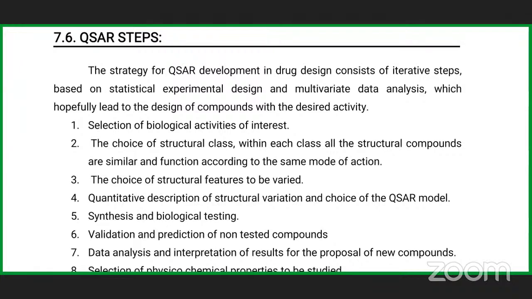The structural features to be varied, the quantitative description of structural variation, the choice of QSAR model, and synthesis and biological testing. After going through this technique, generally we get some compounds as outliers, and some successful compounds are obtained.